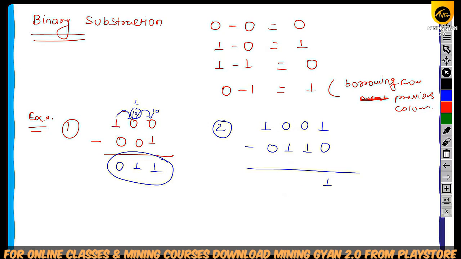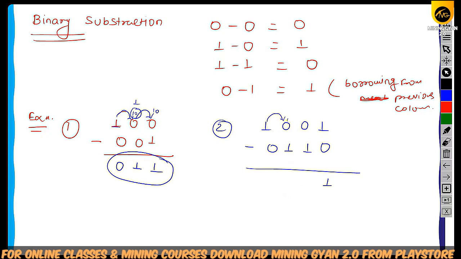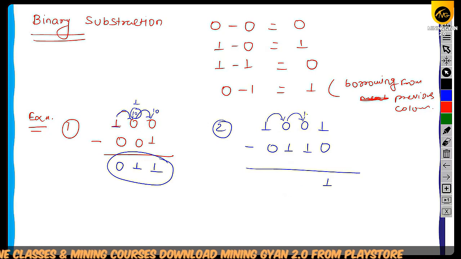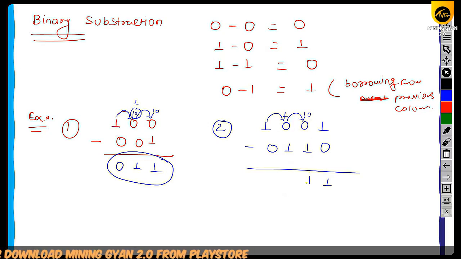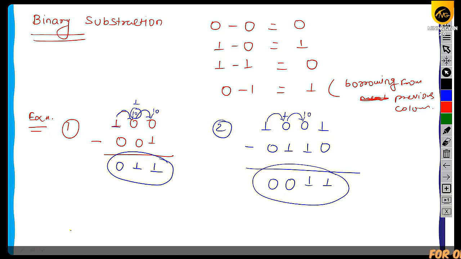This previous column is already 0, so we have to move to the leftmost column, so we can borrow from this column to this, then the next column, so it will become 10 and it will become 1. So 10 minus 1 becomes 1. Correct. Now 1 minus 1 is 0, and 0 minus 0 is again 0. So the final answer is 0011.